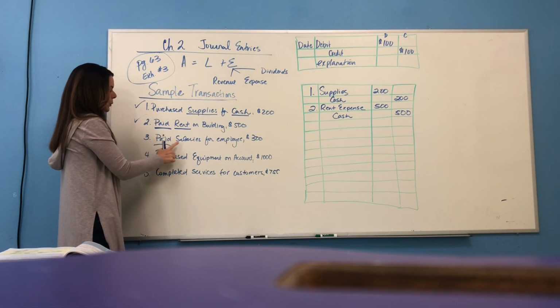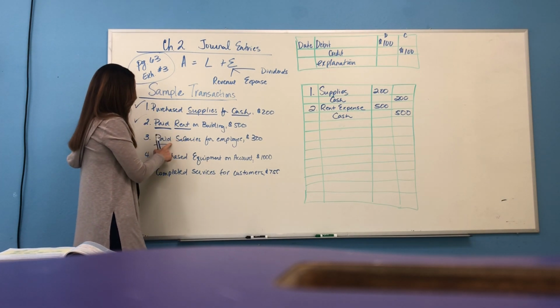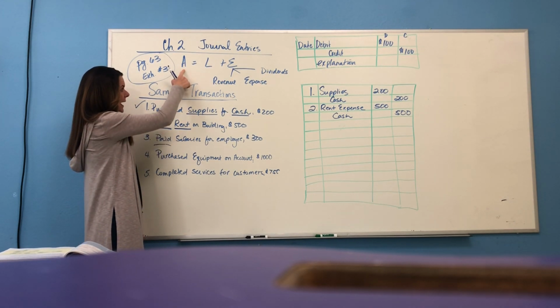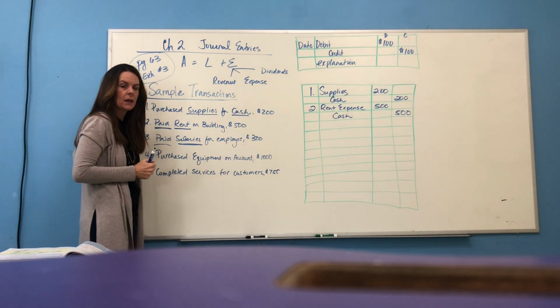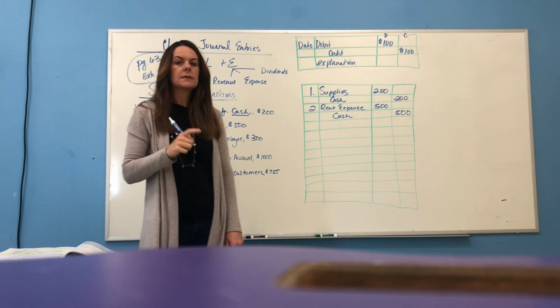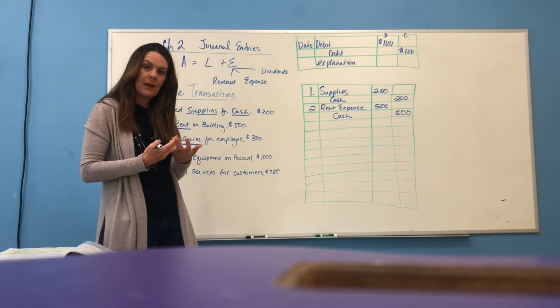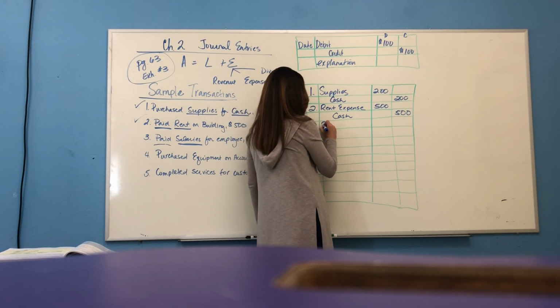All right, now we're going to do paid salaries. So this one's a lot like number 2, in that we're using the word paid. So we know cash is going to go down, the asset is going to go down. And salaries, what type of an account is salaries? Salaries, like rent, is an expense of doing business. We pay our employees as part of our business. So we're going to come over here, write number 3, since we don't have a date.